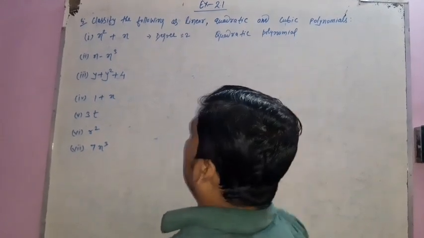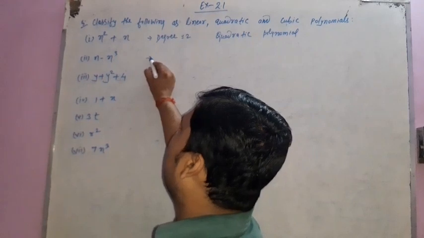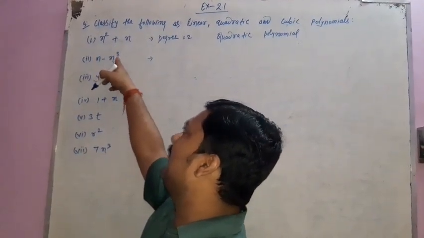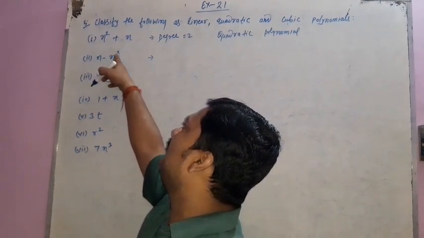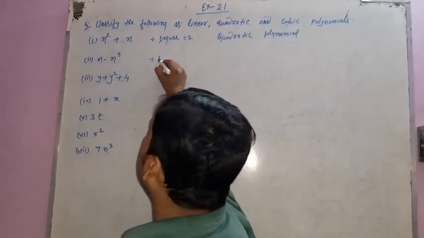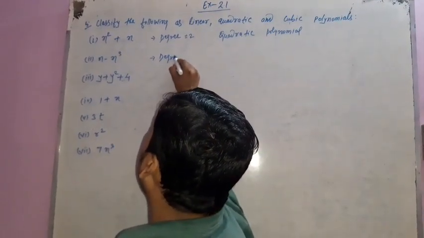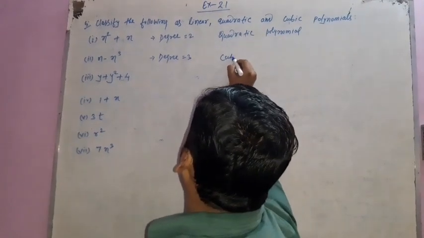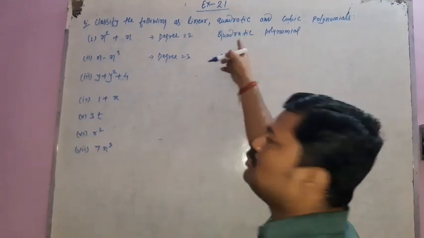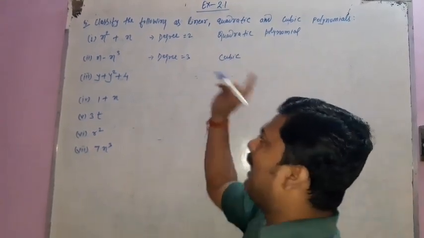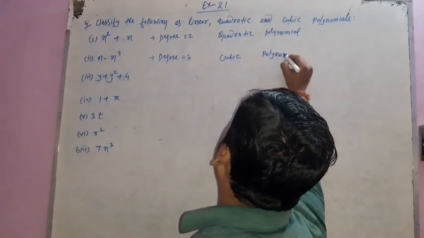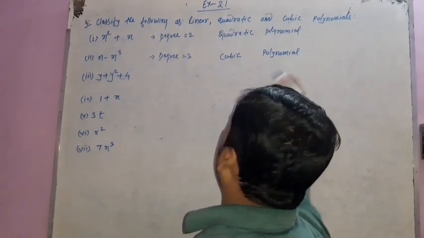Now, in the next one, what is the degree of the polynomial? 1 or 3? Of course, the greater number will be the degree. Here the degree is 1, here the degree is 3. So the degree of the polynomial is 3. If the degree of any polynomial is 3, then it is called a cubic polynomial. If the degree is 2, then it is called a quadratic polynomial. And if the degree is 3, then it is called a cubic polynomial.